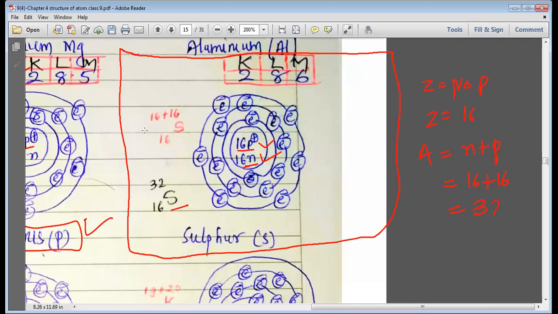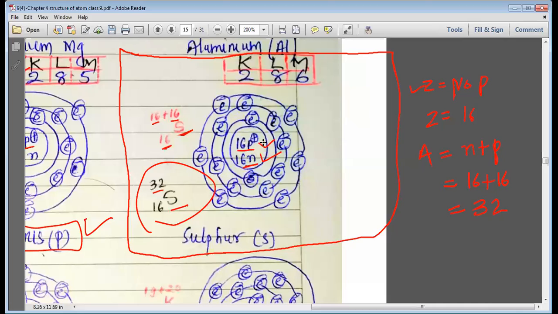That is why you can see here I have written sulfur: 16 protons, so atomic number 16, and 16 neutrons, so atomic mass number is 16 plus 16. That is how we represent sulfur as 16S32. We write atomic number Z, 16, as a subscript and atomic mass number A, 32, as a superscript. And this is how we represent the sulfur 16S32, my dear students.